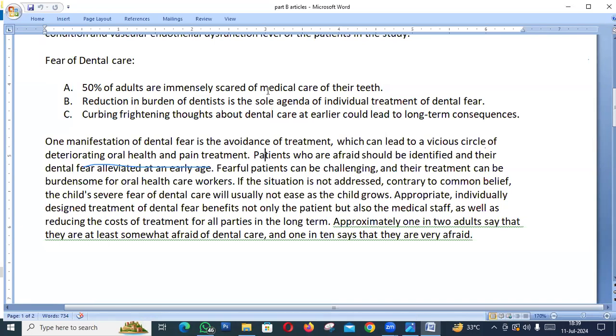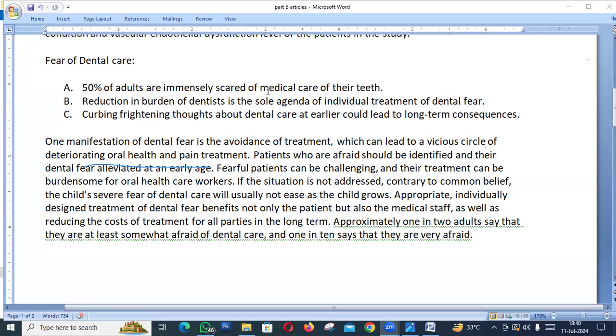It cannot be the sole agenda of individual treatment. Sir, in this paragraph there is the word burden, but it is not really helping this sentence. Fearful patients can be challenging and their treatment can be burdensome for oral health care workers, but for the dentist, it is not mentioned here.